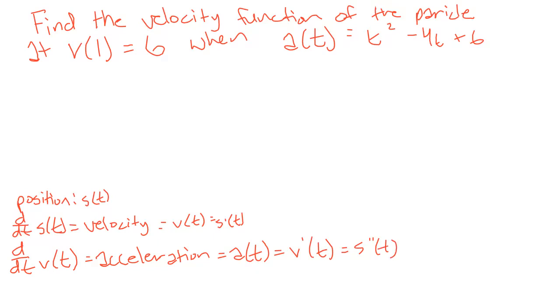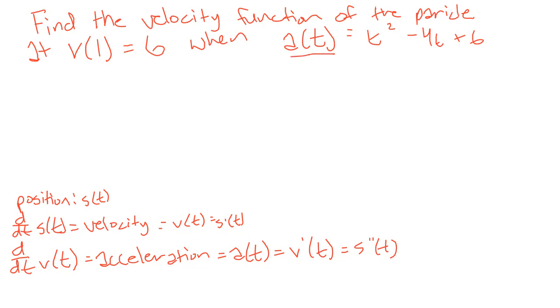You can keep going further, but for practical applications, you usually won't see it go much further than this. Even in a normal physics class, I haven't seen problems that go further than acceleration. But now let's go back. So we have our acceleration function.